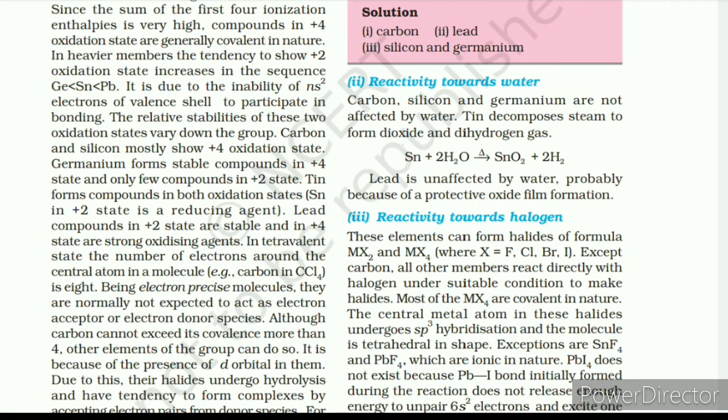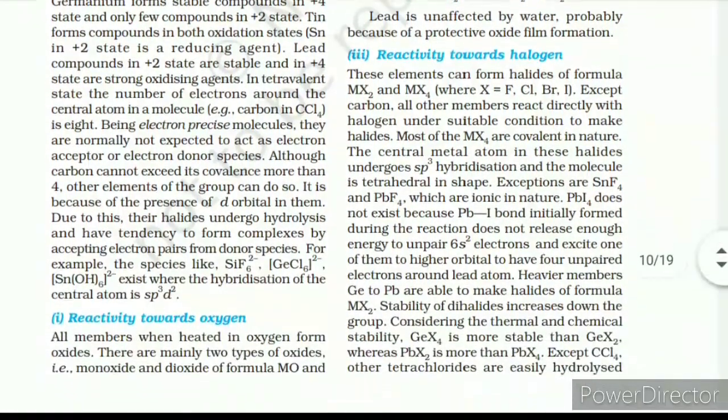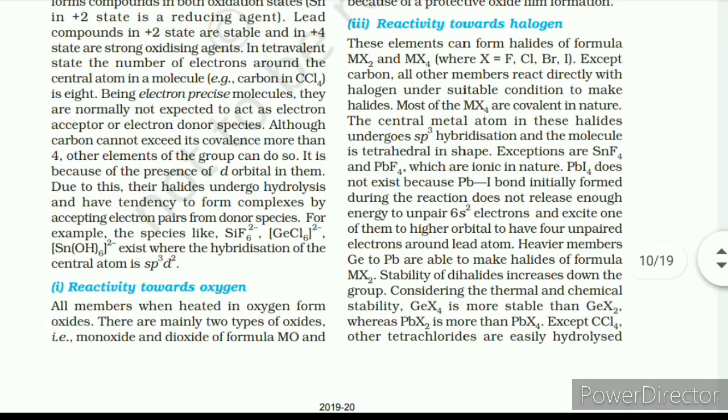In tetravalent state, the number of electrons around the central atom in a molecule is 8. Being electron-precise molecules, they are normally not expected to act as electron acceptor or electron donor species. Although carbon cannot exceed its covalence more than 4, other elements of the group can do so. It is because of the presence of d orbitals in them.